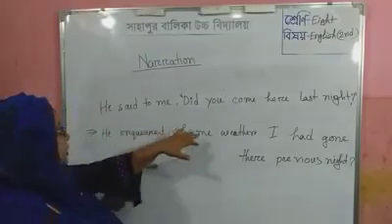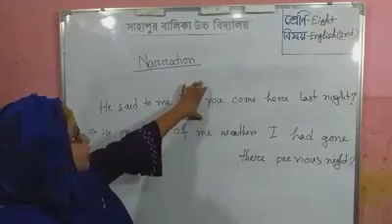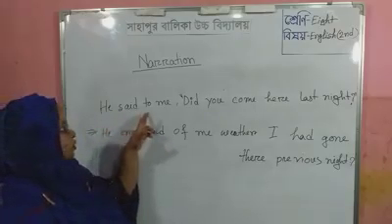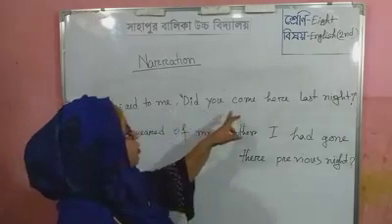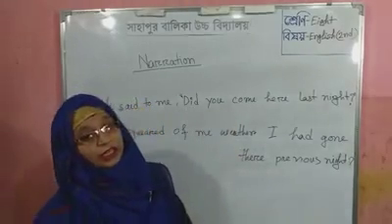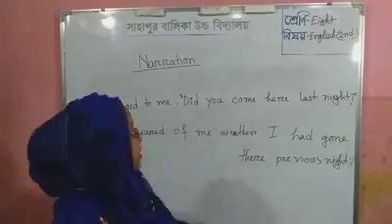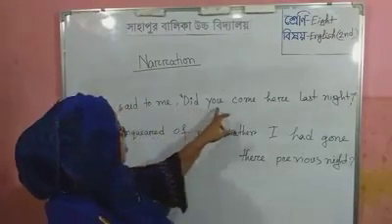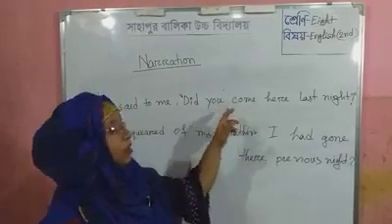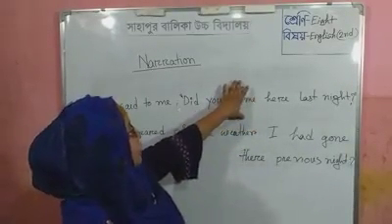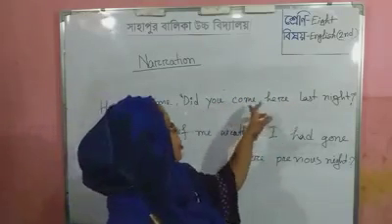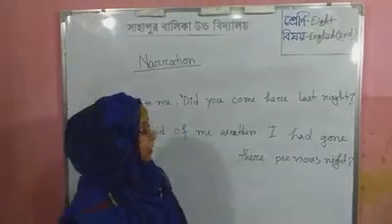So in this sentence we get an interrogative sentence. So what is the sentence? He said to me, did you come here last night? Did you come here last night? That means here the speaker wanted to know if the person came there last night.